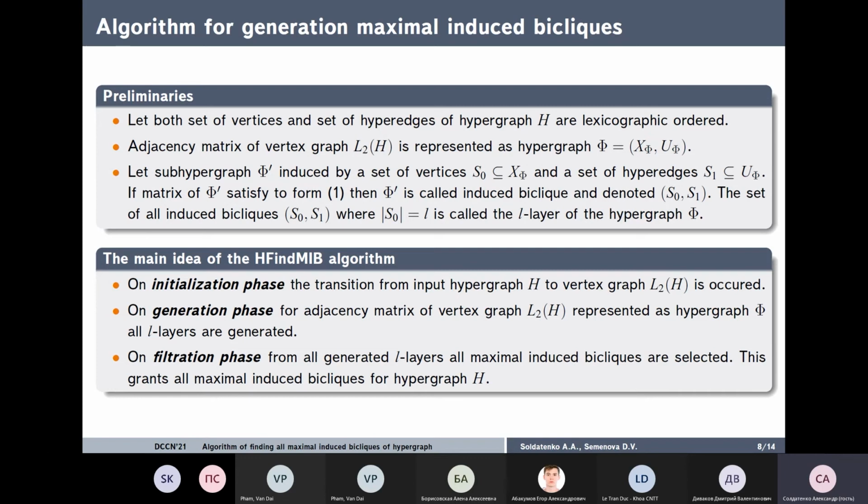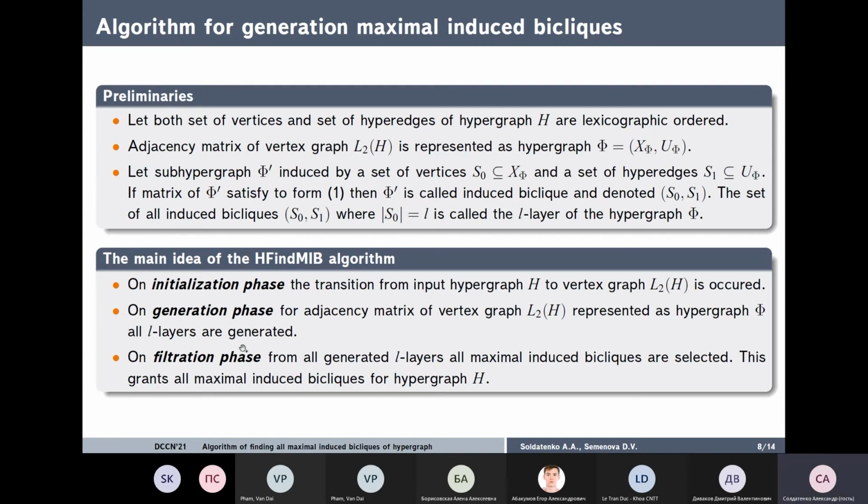The set of all induced biclicks where first part size is equal to L is called the L layer of the hypergraph phi. The main idea of the algorithm consists in generation of all induced biclicks for all L layers and filtering from them maximum induced biclicks. We propose that the find MIB algorithm solves this problem in 3 phases.